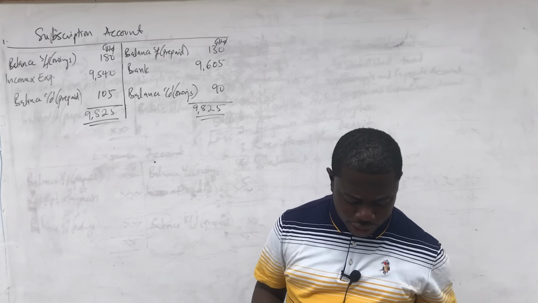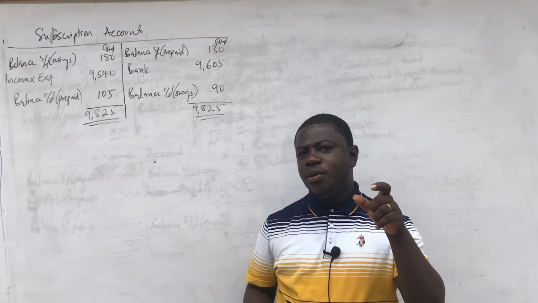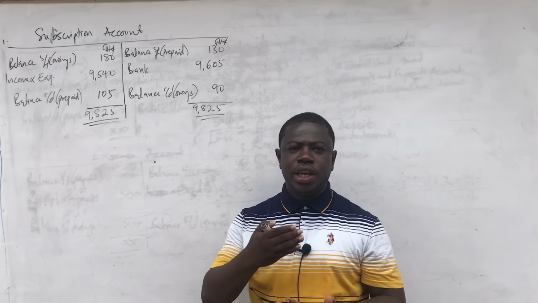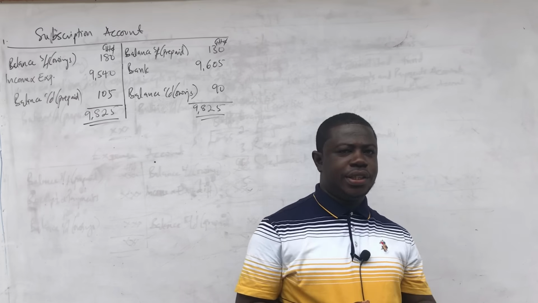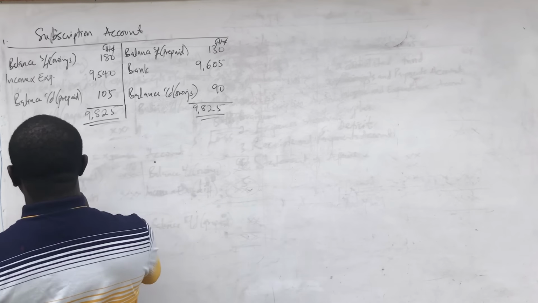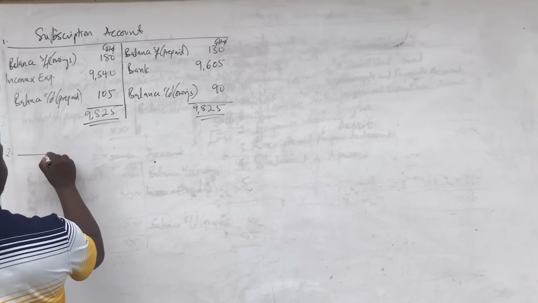Okay, then the next thing that we have to prepare, I told you that we have to prepare the bank account again to be able to ascertain the closing bank balance for the statement of financial position. And so working two, I'm going to prepare bank account.